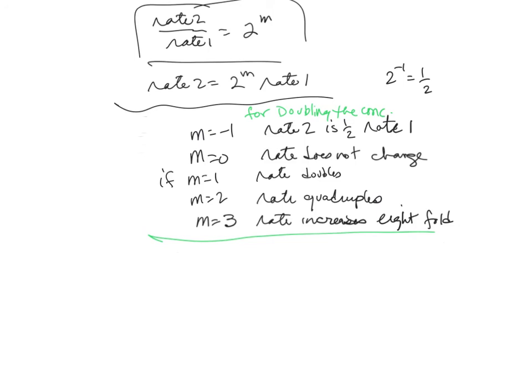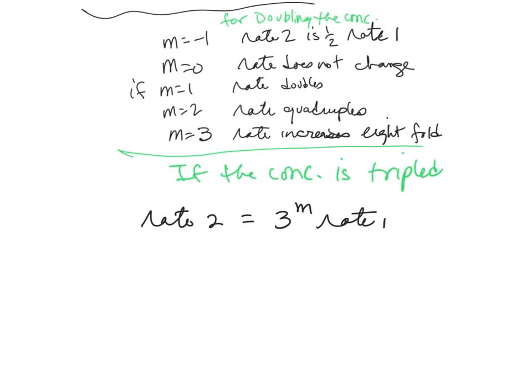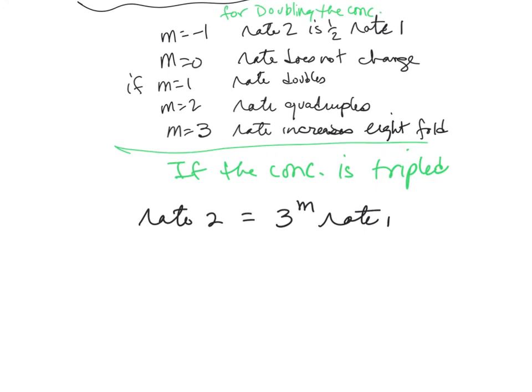But just to show you the example here, if the concentration is tripled from one experiment to the other, then you're going to have the result that rate 2 equals 3 to the power m times rate 1 instead of 2. You're tripling instead.